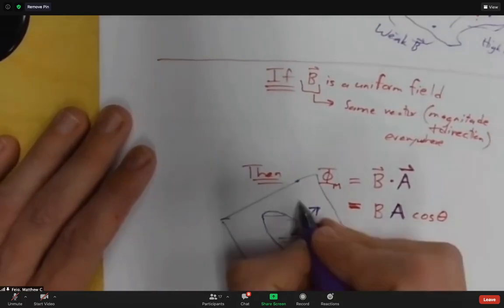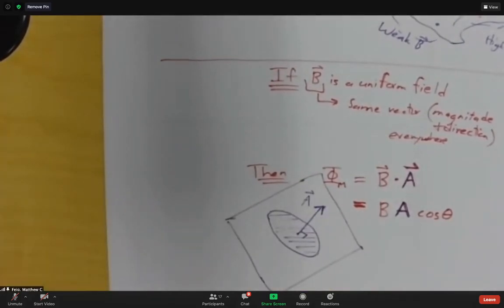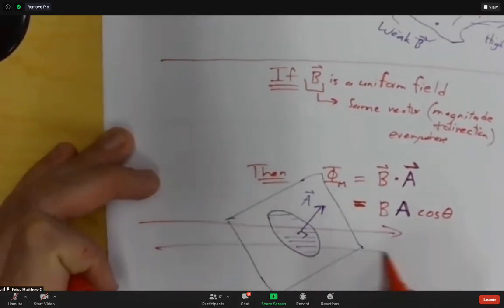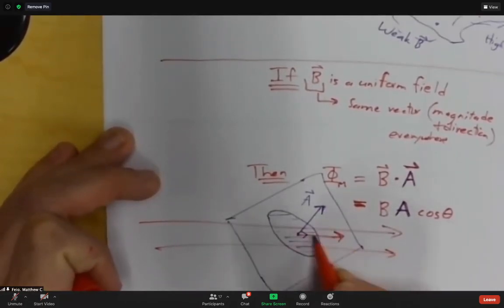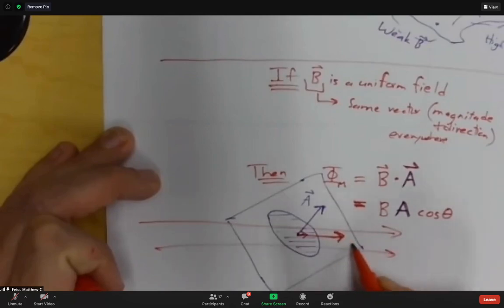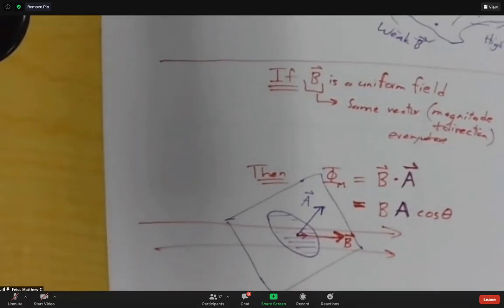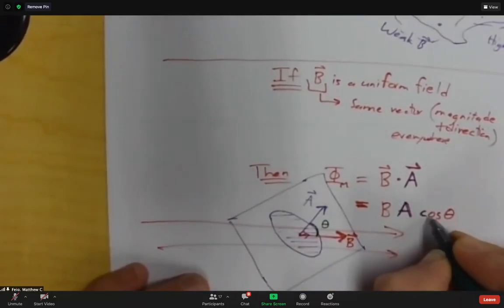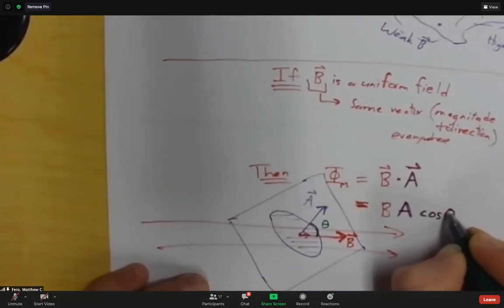This is the area vector. And then the magnetic field vector might be pointing through this way. So the magnetic field vector points in whatever direction is parallel to B. And then what's the angle we're talking about? We want to know what this angle is right here. Cosine theta.